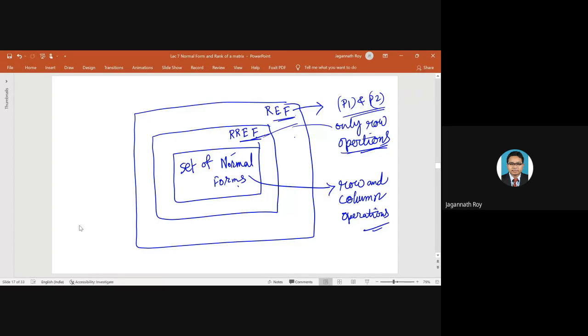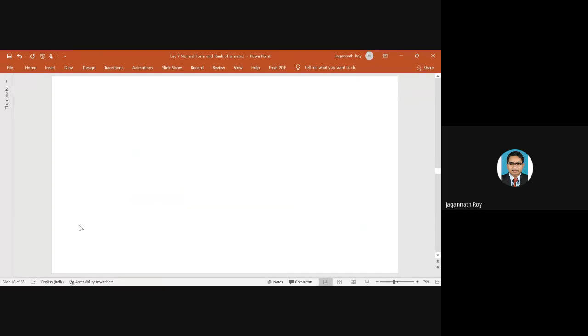And now you can see that there was a question to explain the rank and REF, row echelon form and the rank. What is the relation between them?